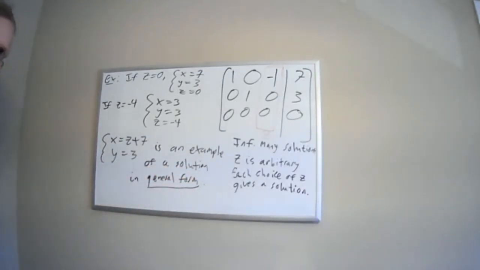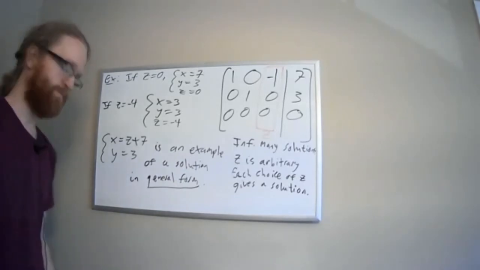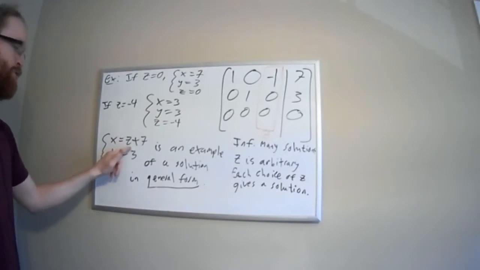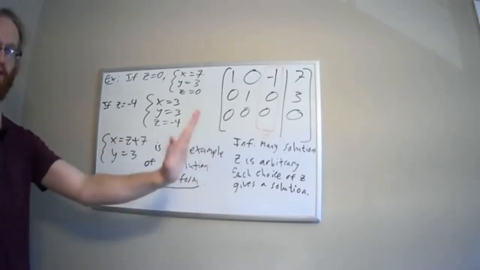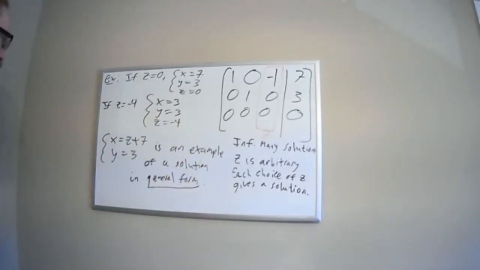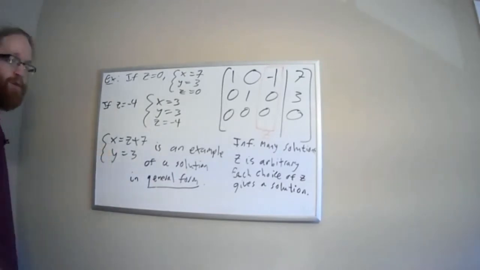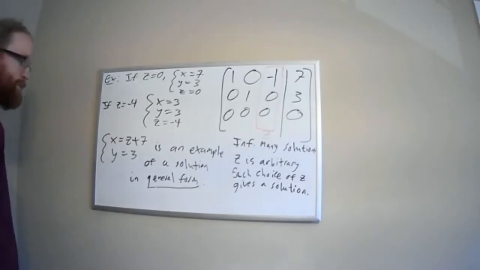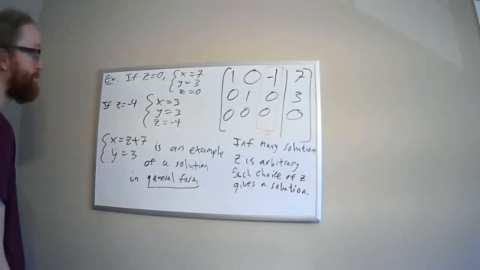I think maybe this terminology shows up on the activity. All I mean is give me the equations where you've moved all the arbitrary parameters to the right side of the equation. That's really all it means, is get everything that's not arbitrary in terms of the arbitrary stuff. So solving it out like this is what I mean by general form.